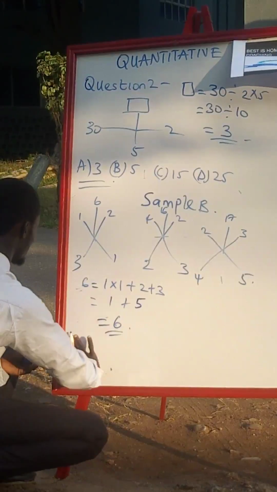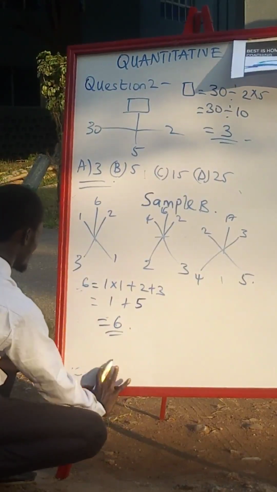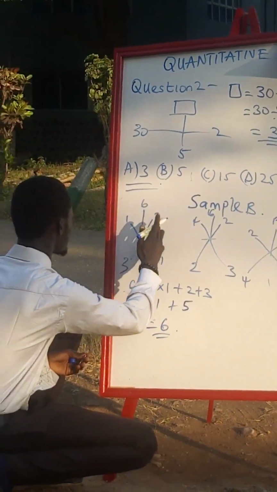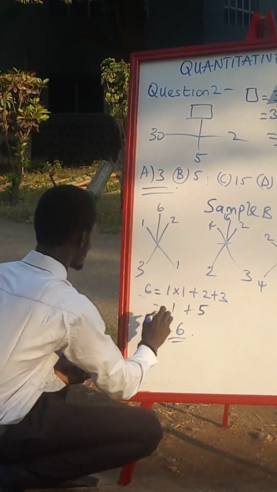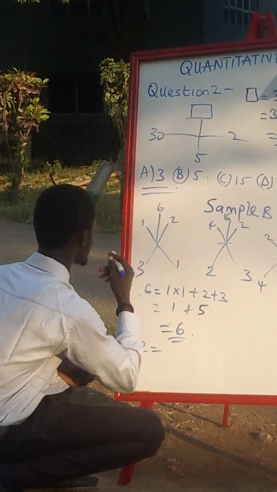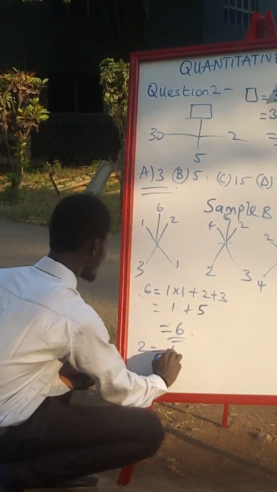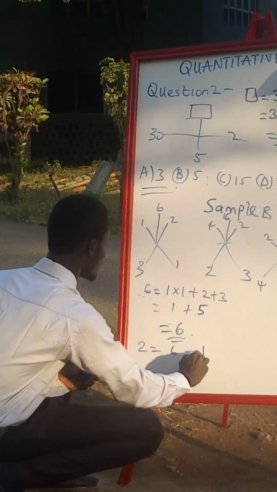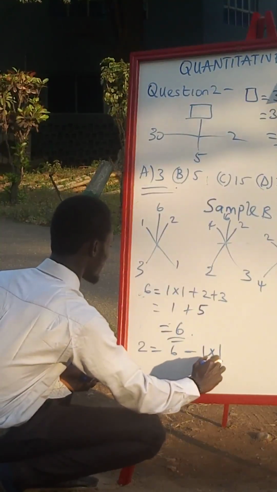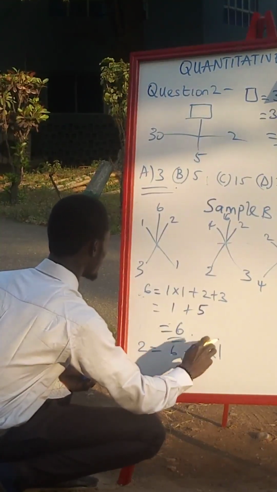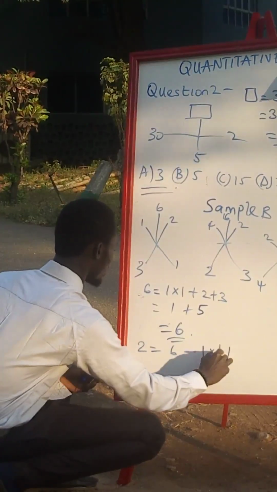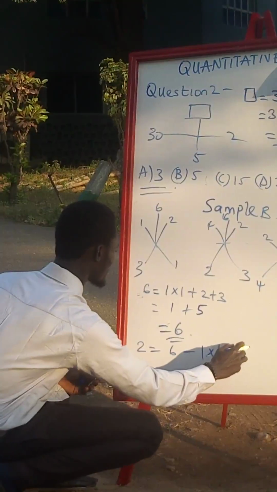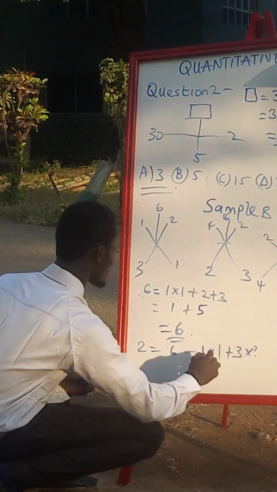Since we've gotten 6, to get the rest, to get 2: that's 6 minus 1 times 1 plus 3 times question mark.